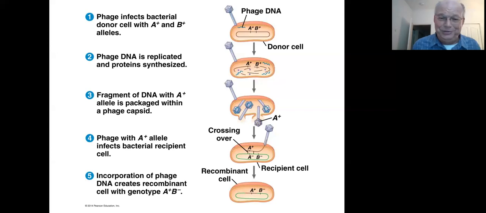But the technique works. I can assure you this technique works. It works in the laboratory circumstance. And so obviously it does work in nature as well. So it is another way to transfer bacterial genes from one bacterium to another.